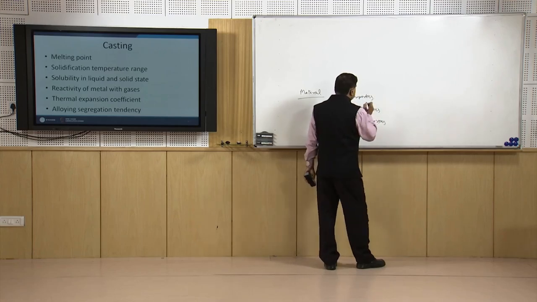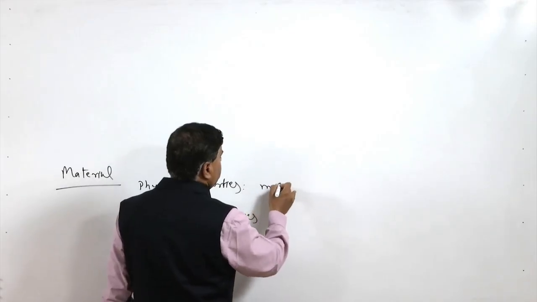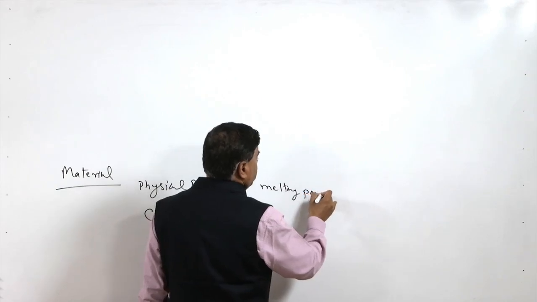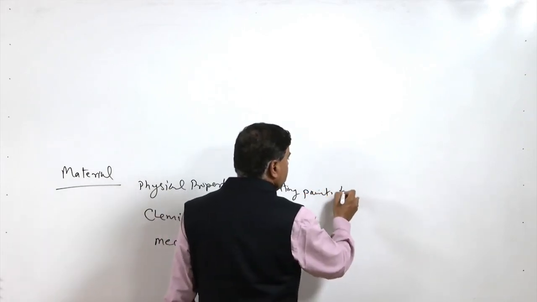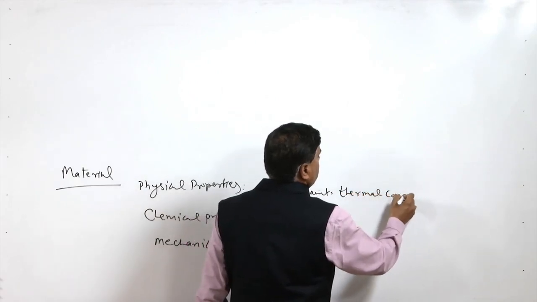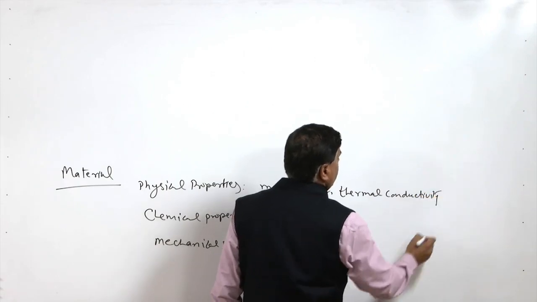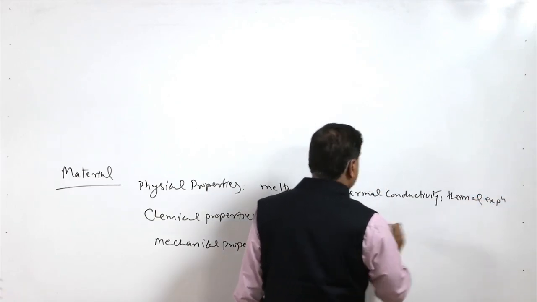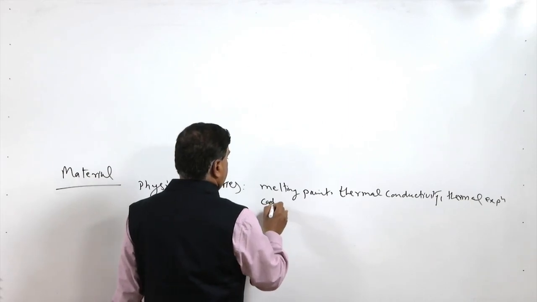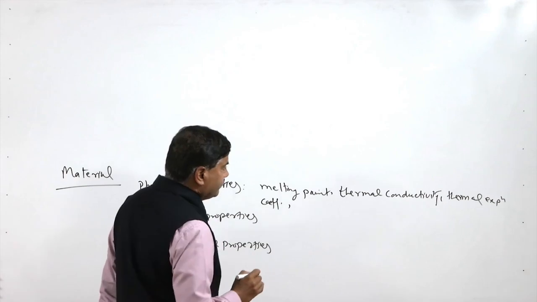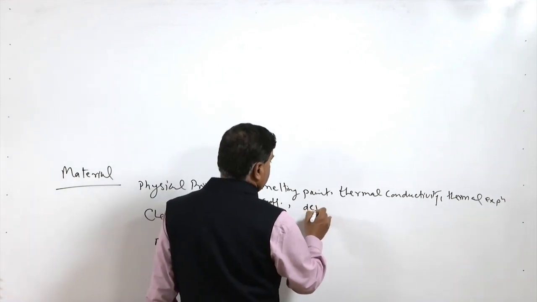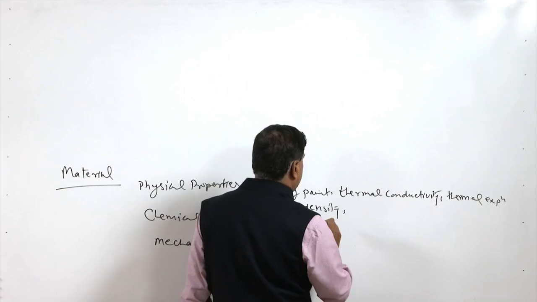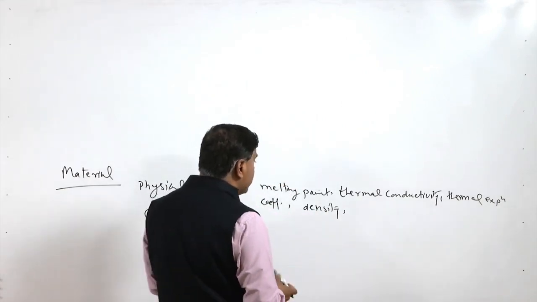So, among the physical properties, like the melting point temperature of the material, thermal conductivity, thermal expansion coefficient, density, these are some of the properties which are related with the manufacturing.